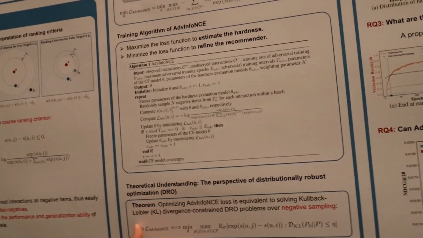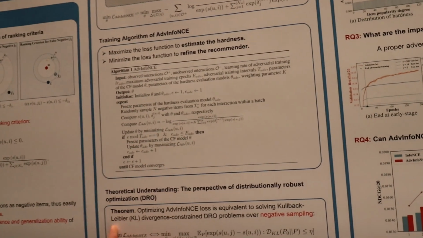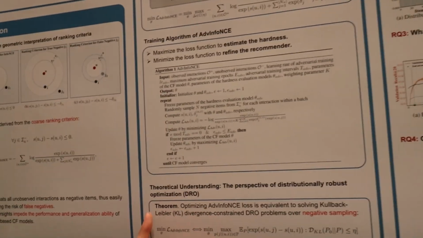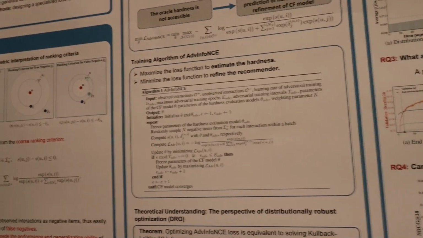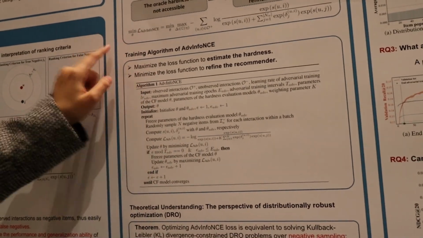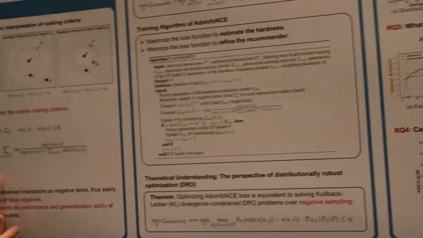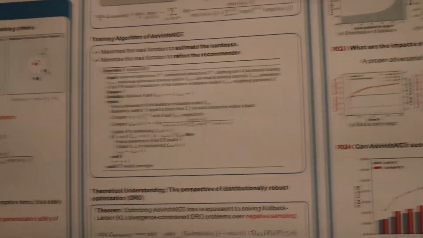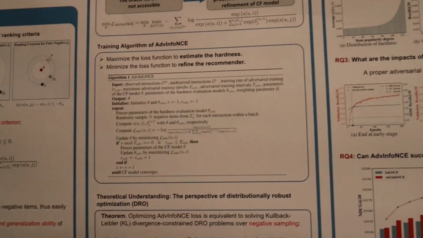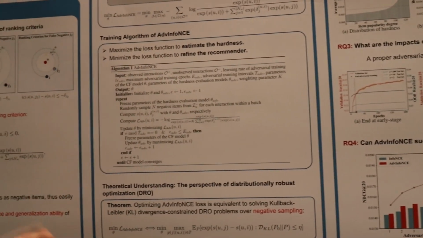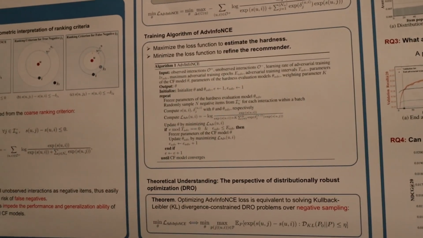It has already been proved that it can achieve better generalization ability. So basically, we design a new loss here, very similar to the old influence loss, slightly changed, and it can theoretically achieve better generalization. Very cool.